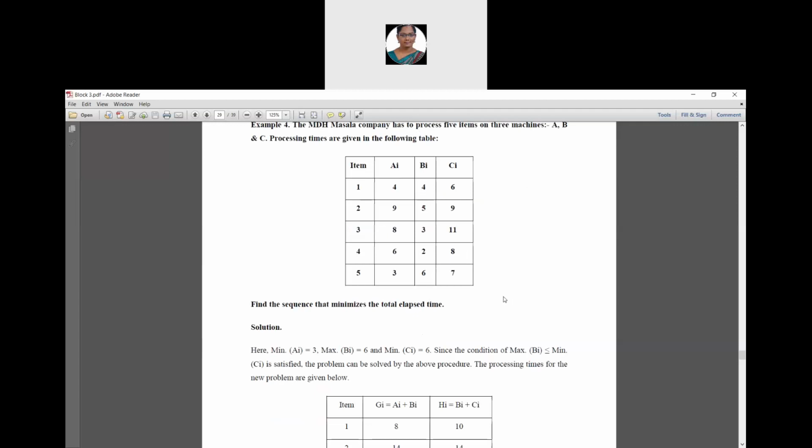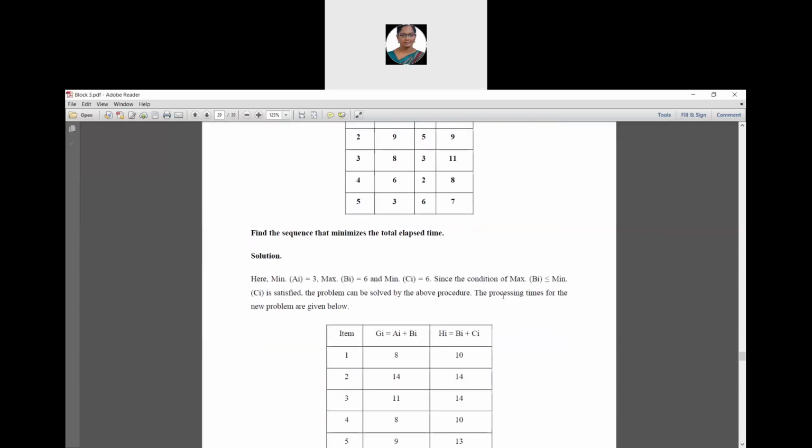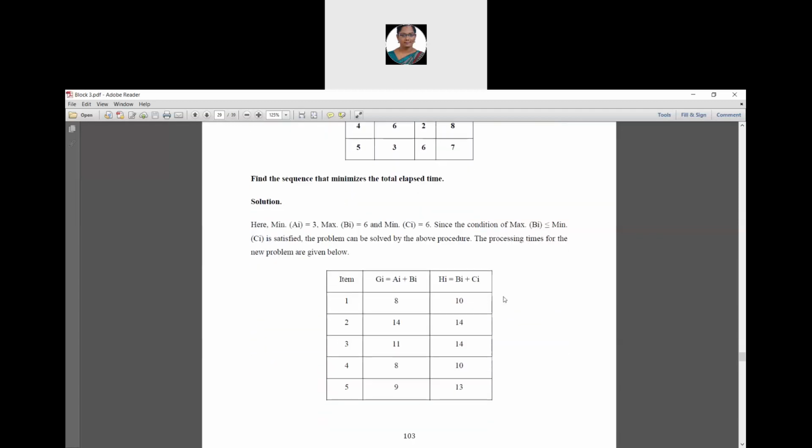First of all, we are going to check whether the condition is satisfied or not. For that, the minimum of A is 3, the maximum of B is 6 and the minimum of C is 6. Since the condition maximum B less than or equal to minimum C is satisfied, the problem can be solved by the above procedure. The processing times for the new problem are given below.